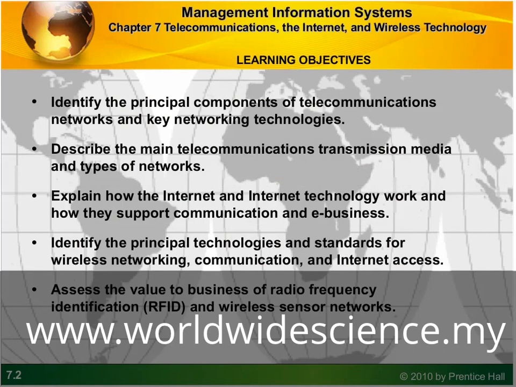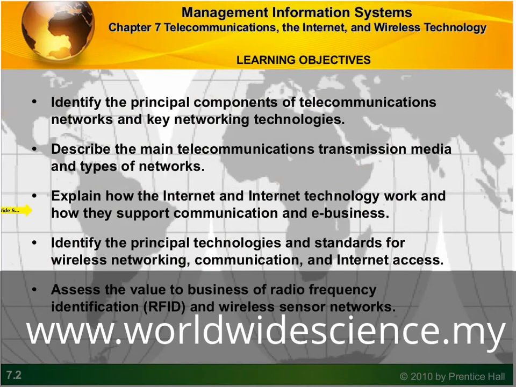Okay, here you can see our objectives for this chapter. Identify the principal components of telecommunication network and key networking technologies. Describe the main telecommunication transmission media and type of networks.